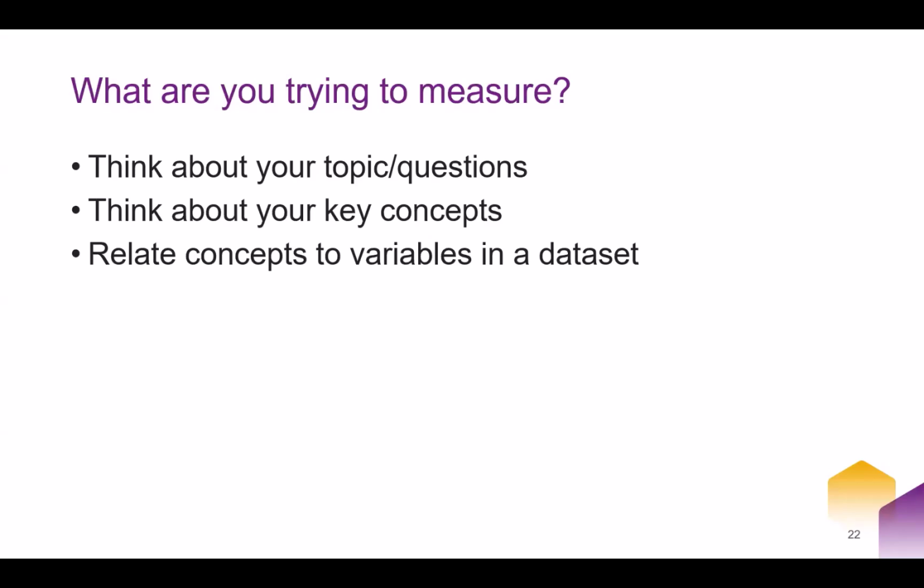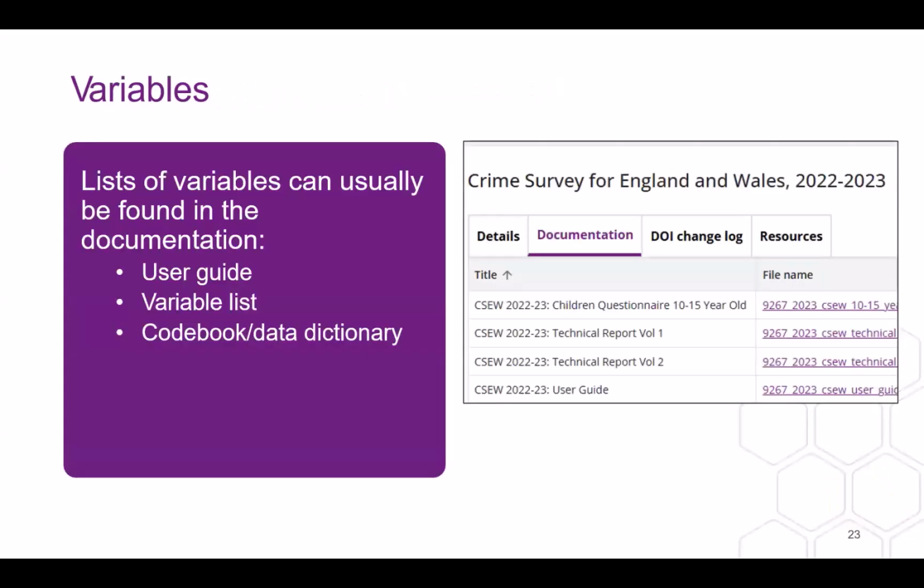A good place to start is by thinking about what you're trying to measure. This is key for whatever type of project you're trying to undertake, but in particular for a quantitative reuse project, you're really going to want to know what your key concepts are so you can relate these to variables within a data set.